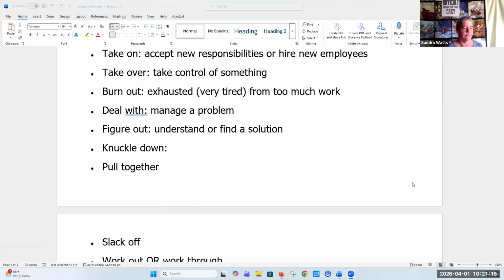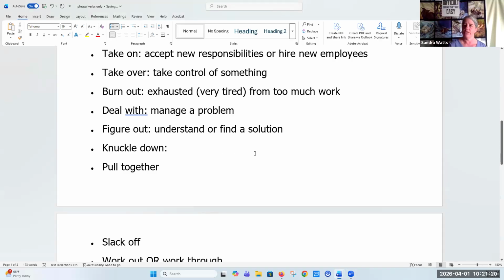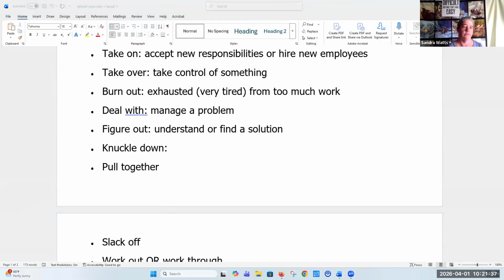Knuckle down. Everybody know what a knuckle is? These are actually your knuckles, the little bends in your fingers. Knuckle down. Hold on, I gotta answer something in the chat real quick.